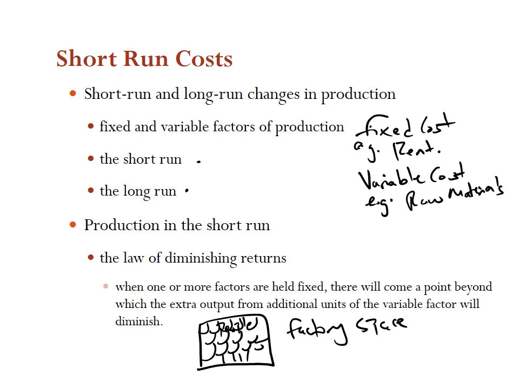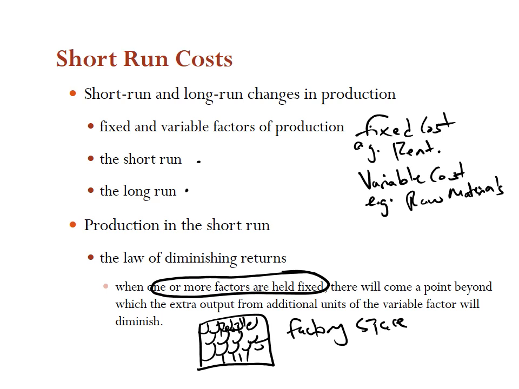Even though we've increased other factors, because one factor is fixed, here our factory space, additional units of the variable factor will diminish. So additional units of our output are diminishing.